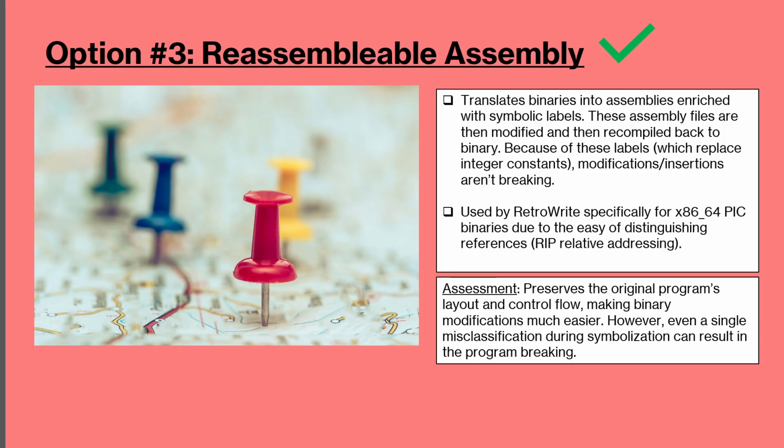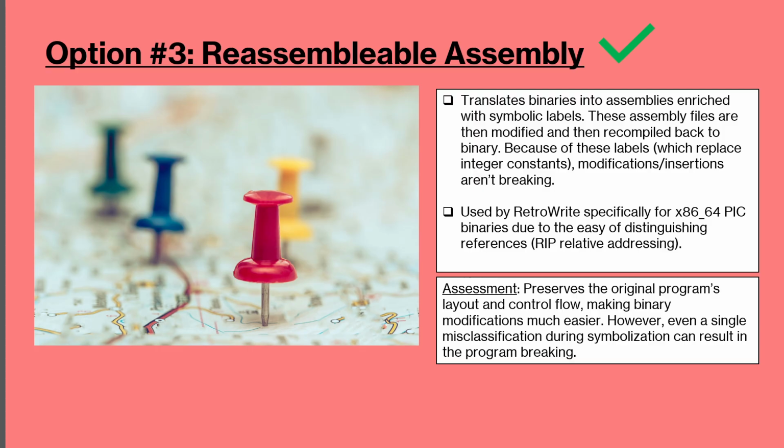This process, known as symbolization, replaces absolute addresses in the disassembled code with symbolic labels that the assembler can understand and later resolve. Once symbolization is complete, new instructions can be inserted without manually recalculating offsets, and the modified assembly can be safely reassembled into a working binary.